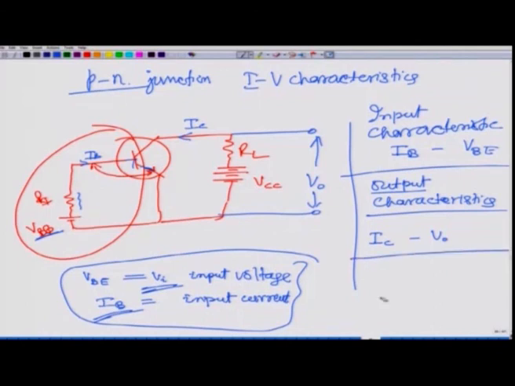You can also have a relation between one parameter from the input side and one parameter from the output side, for example, VO and VI. So, if you take the output voltage VO and the input voltage, you are taking one parameter from each side, and that you call transfer characteristics.